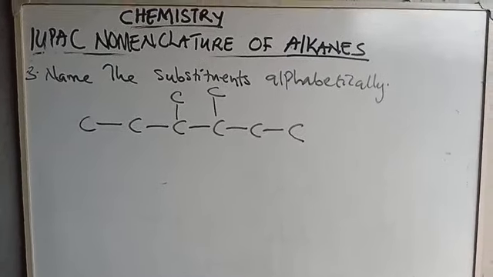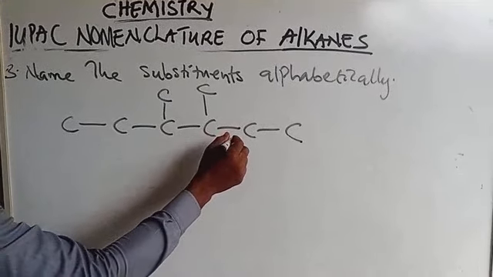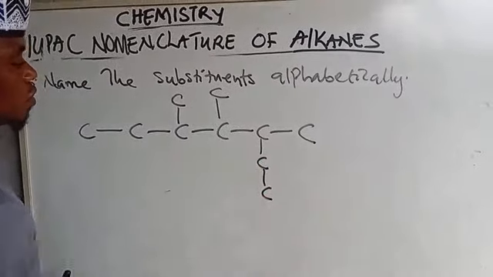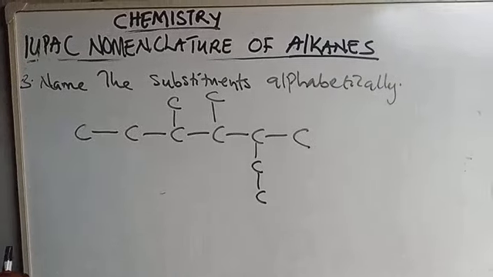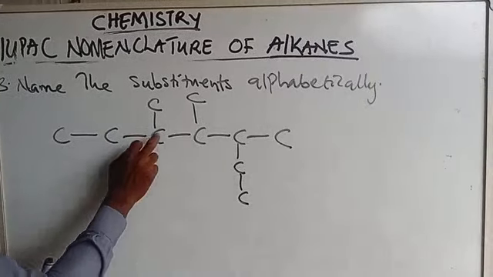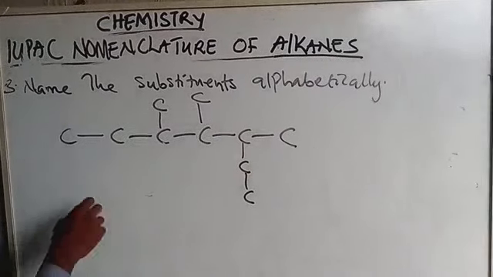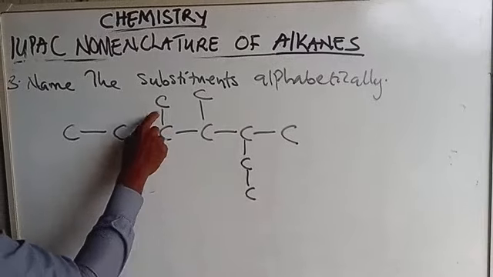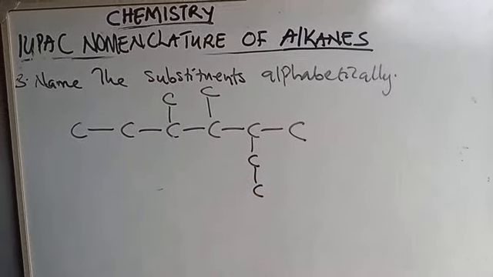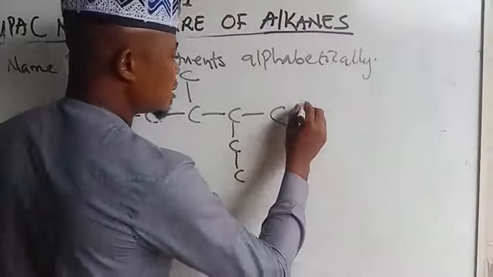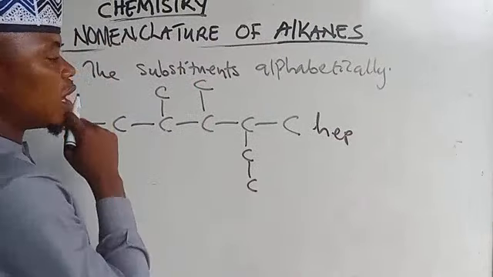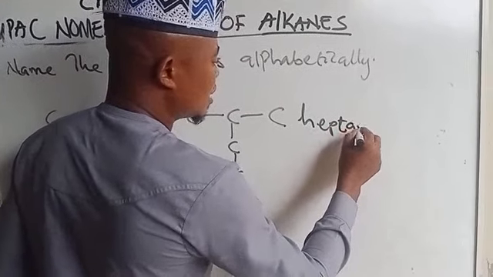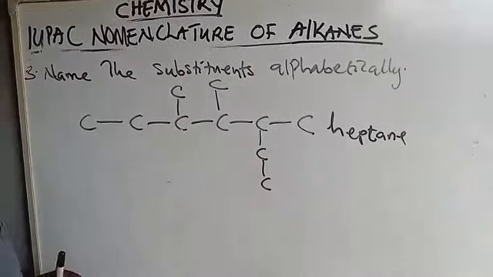So in naming this compound, let's look for the longest chain first. 1, 2, 3, 4, 5, 6. 6 carbon. 1, 2, 3, 4, 5, 6, 7. 7 carbon. So 7 carbon should be the longest chain. 7 is hept, and because there are only single bonds in the compound, it is going to be heptane.